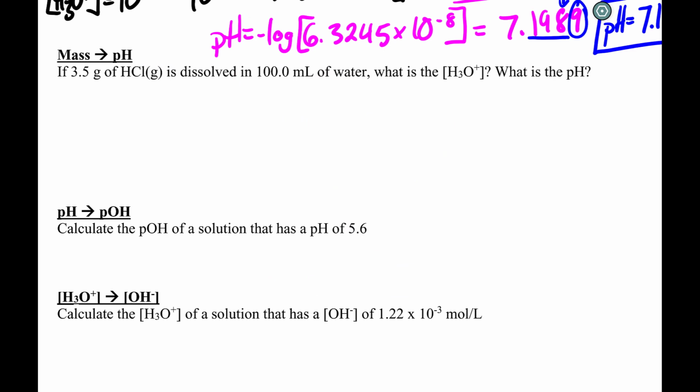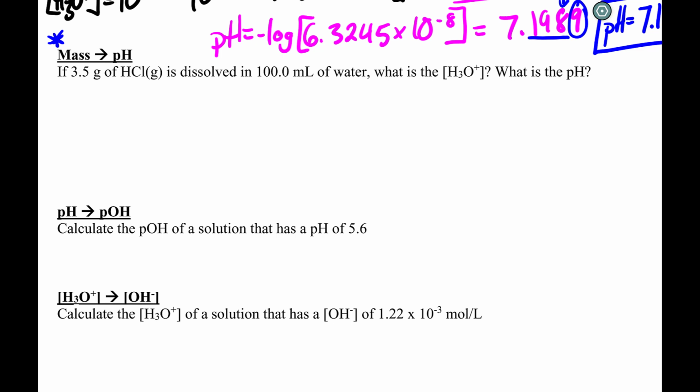So in the next section of our acid calculations, we're going to look at some more detailed questions with more steps. In the next one, we're going to look at taking a mass of an acid and turning it into a pH. The question says, if 3.5 grams of HCl is dissolved in 100 milliliters of water, what is the hydronium ion concentration and what is the pH?